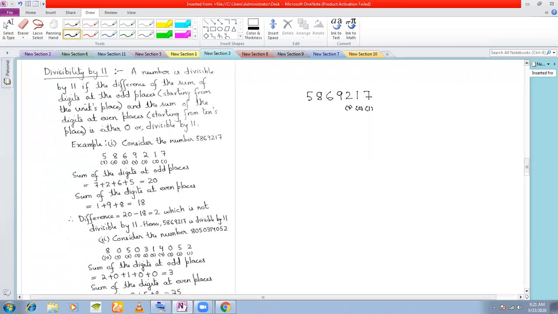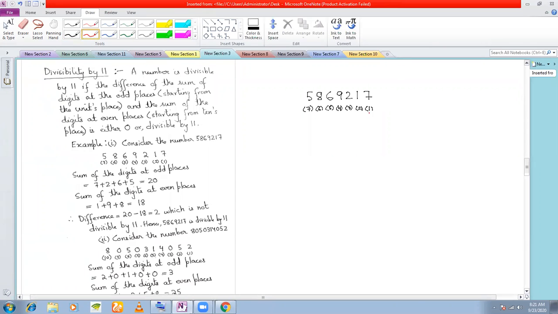This will have the third position. This the fourth position, fifth, sixth, and seventh. Okay, so you give these their position numbers starting from 1 and starting from the right hand side.